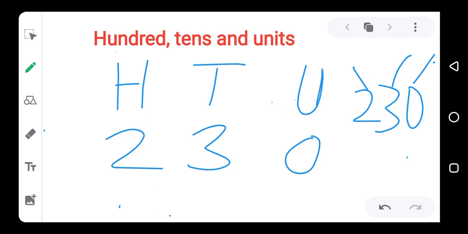So this is it, 2, 3, 0: 0 under U, 3 under T, and 2 under H. So you have seen how to do hundreds, tens, and units. And I believe that this is very easy for you.